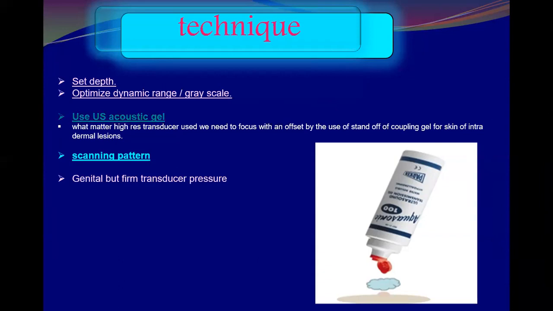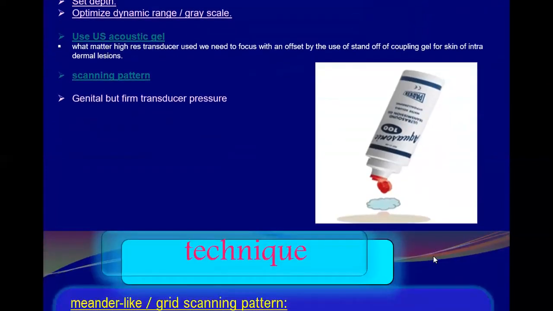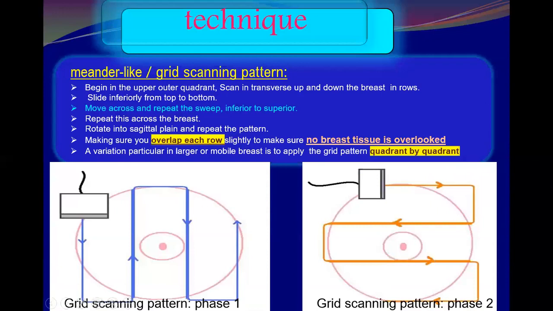Okay. So we have two techniques. Generally, we have two techniques for evaluation of the breast: the Minder-like, or grid scanning. This is the longitudinal and transverse, and it is a commonly used technique. Either by quadrant, or if the breast is small, you can use it for the whole breast.